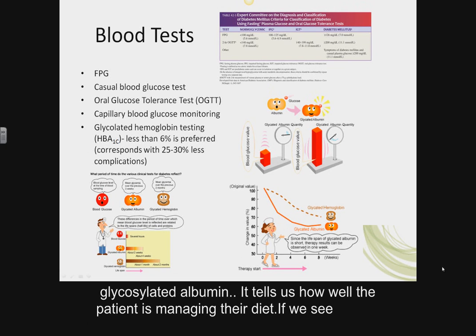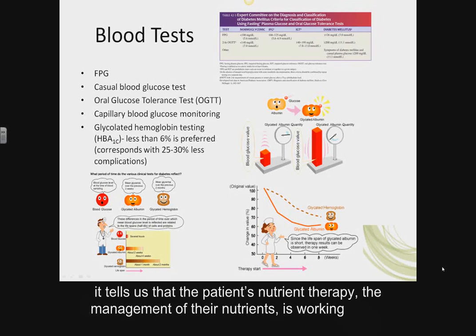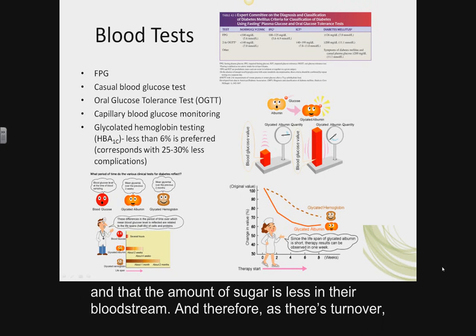It tells us how well the patient is managing their diet, aka they can't cheat this test. If we see that the levels of glycosylated proteins drop, as shown in the graph on the bottom right of the slide, it tells us that the patient's nutrient therapy, the management of their nutrients, is working, and that the amount of sugar is less in their bloodstream.